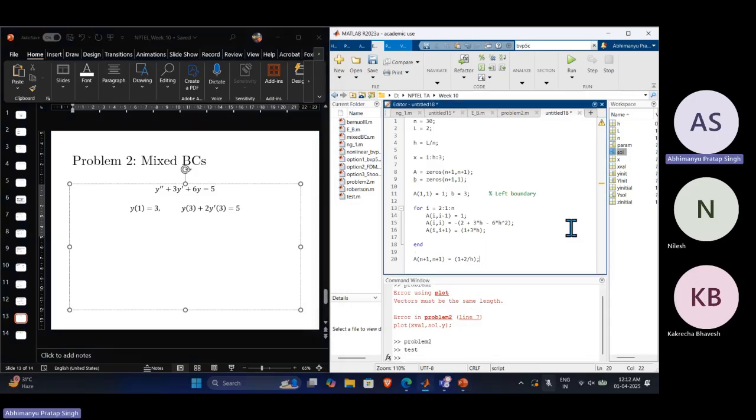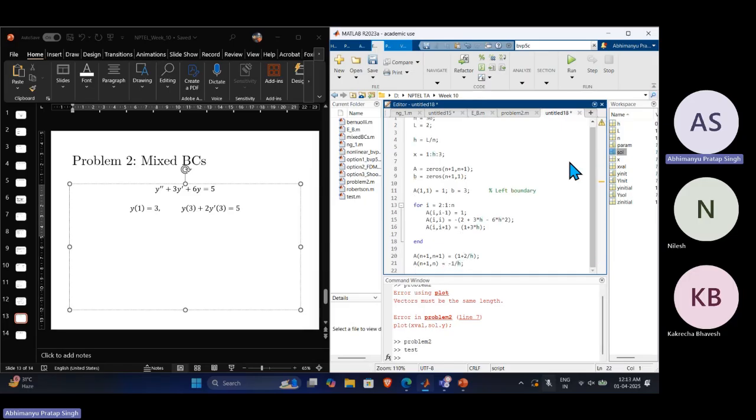So we were here. A(n+1, n+1) would be 1 plus 2 upon h, A(n+1, n) should be minus 1 by h, and B(n+1) would be 5.